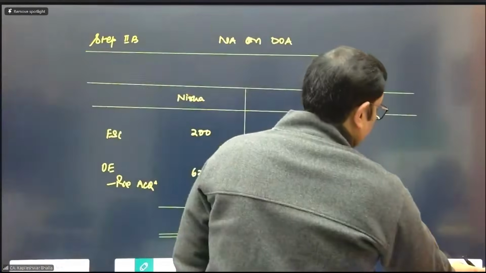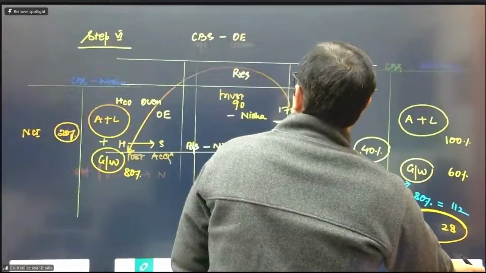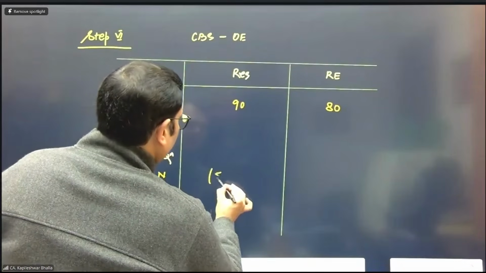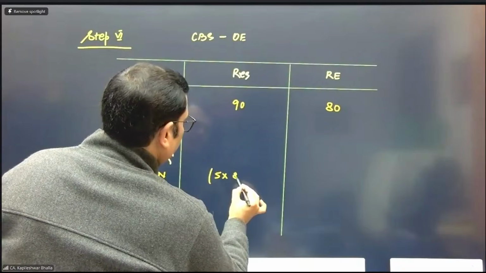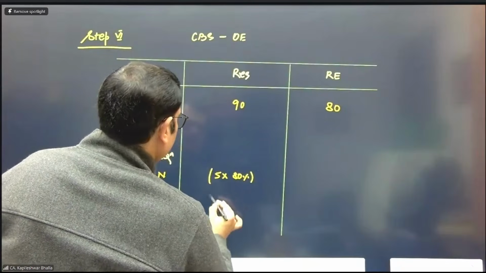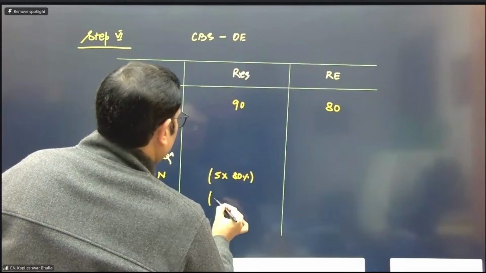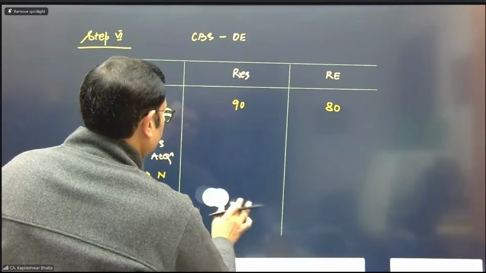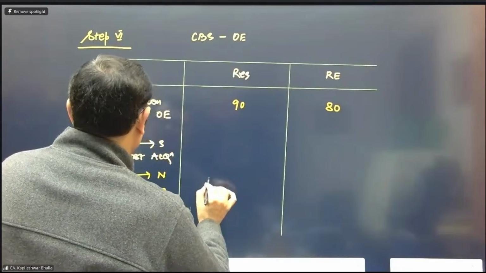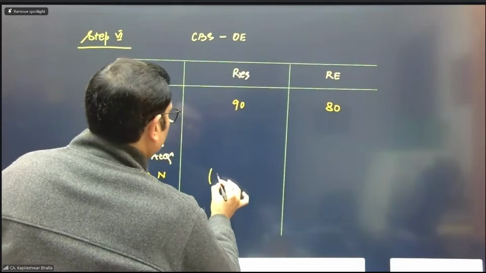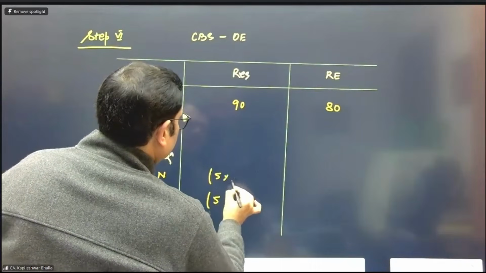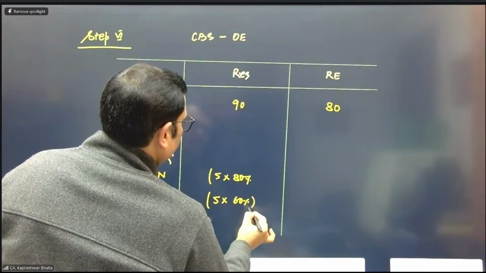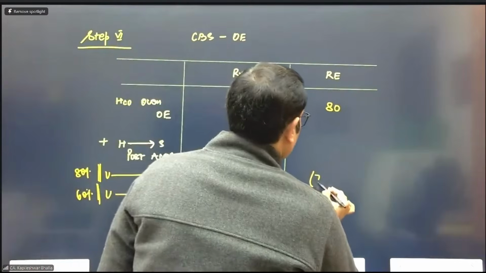So let's consider the reserves was, I think, 5.5 into 80%. This was, I think, again 7.5. This is into 80% and this is, I think, 60%. And this was, I think, 7.5.